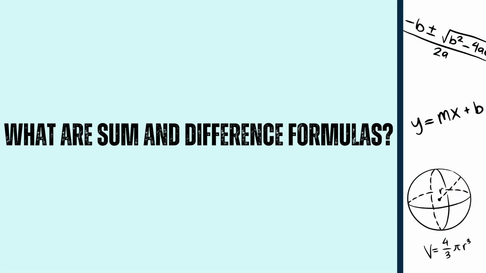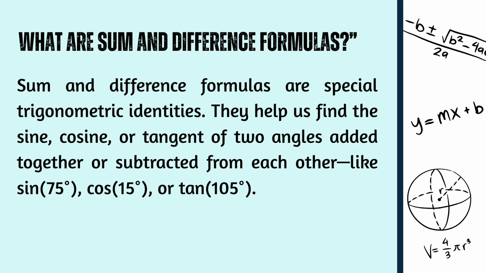Let's start with a simple question. What are the sum and difference formulas? Sum and difference formulas are special trigonometric identities. They help us find the sine, cosine, or tangent of two angles added together or subtracted from each other, like sine 75 degrees, cosine 15 degrees, or tangent 105 degrees.